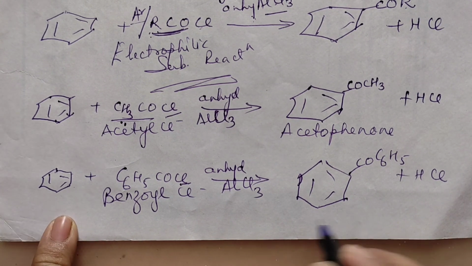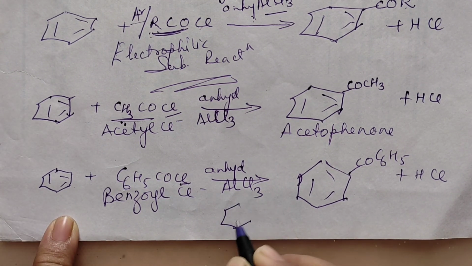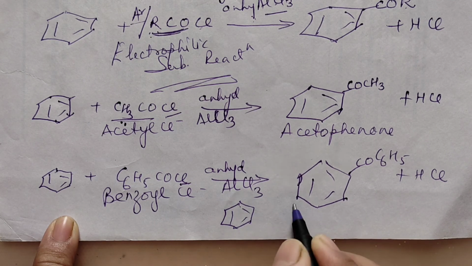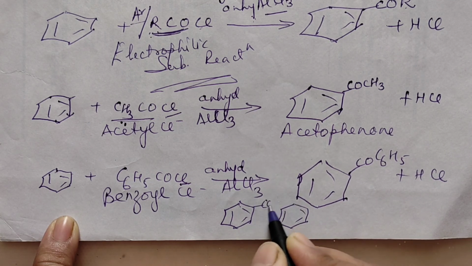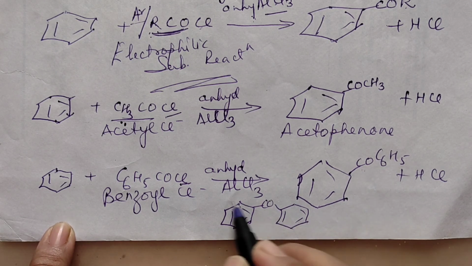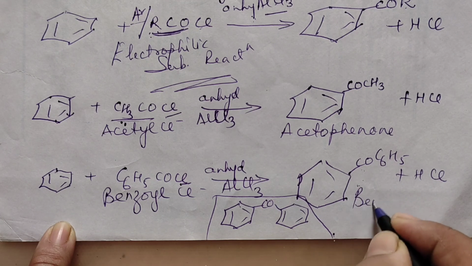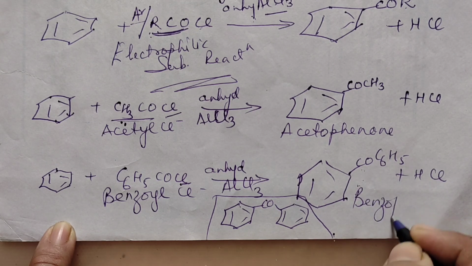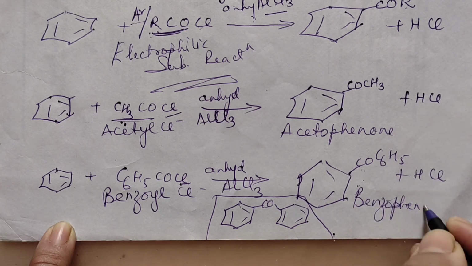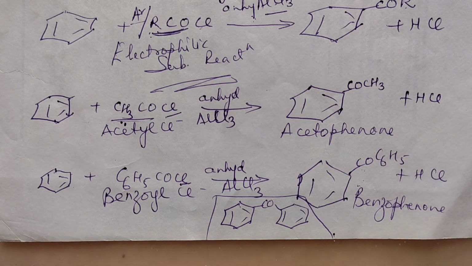Suppose I write one benzene ring and one more benzene ring, and in between them I write CO. It is the same thing. What is the name of this particular compound which is formed? Benzophenone. So these were the types of Friedel-Crafts reaction, Friedel-Crafts acylation or Friedel-Crafts benzoylation.